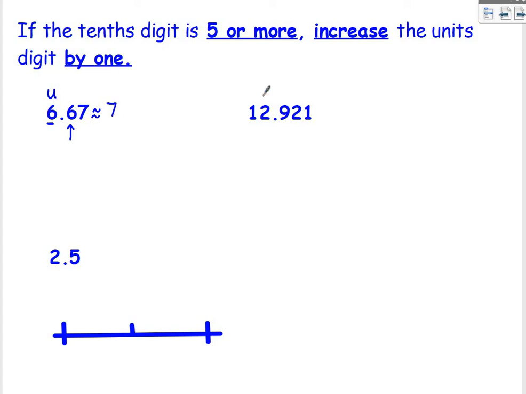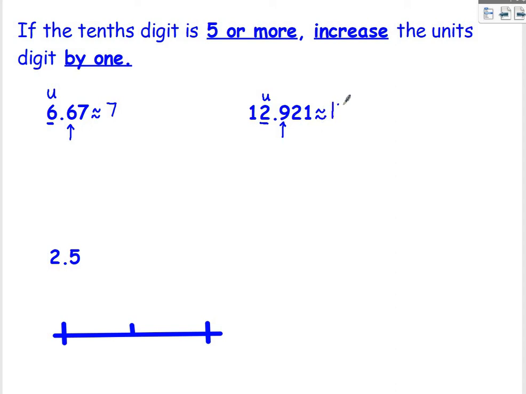So the value currently in the units column is the 2 there. To decide whether that's going to stay as a 2 or whether it's going to be increased to 3, we have to look at the digit in the tenths column. That value again is 5 or more, so therefore the 2 has to be increased by 1, so the 2 is going to be increased to a 3.